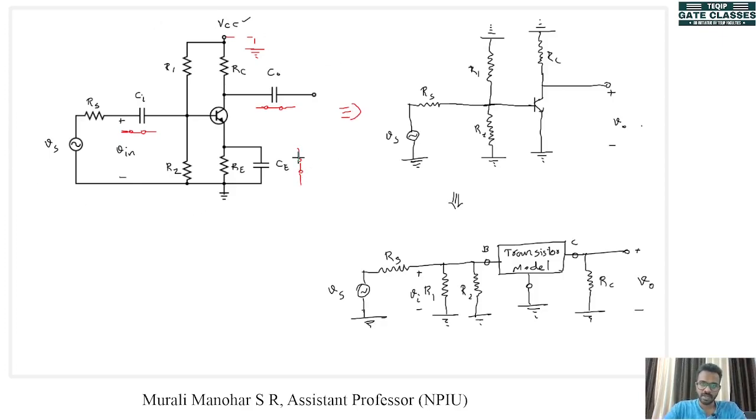And before getting into that, we need to see one more thing, and those are some important parameters. So whenever we do small signal analysis, we need to find out these parameters. So we know that we are going to model all our transistors as two-port networks.